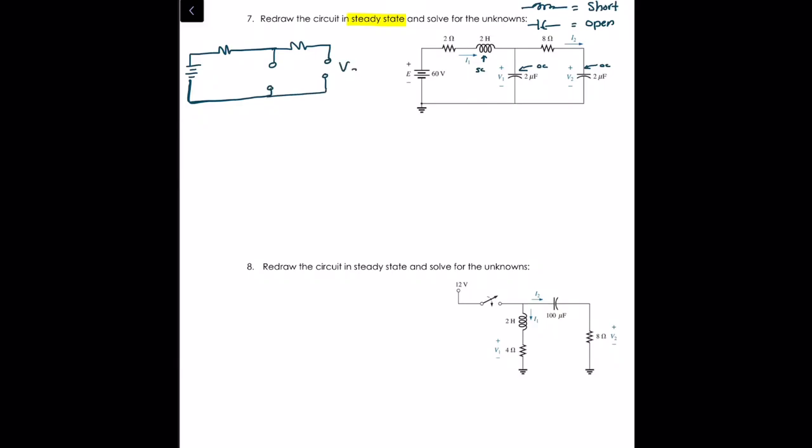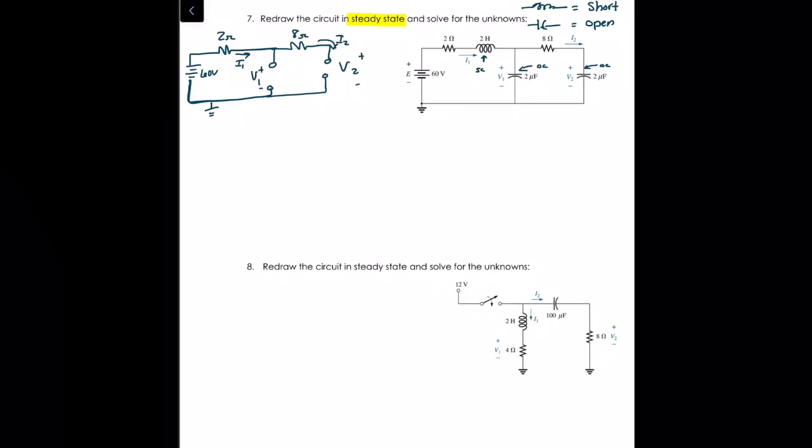Okay, and we're looking for all the unknowns. We're looking for V2 and V1. We're looking for I2 and I1 right here. Okay, let's fill in everything else we know about our resistors. I've got 60 volts there.